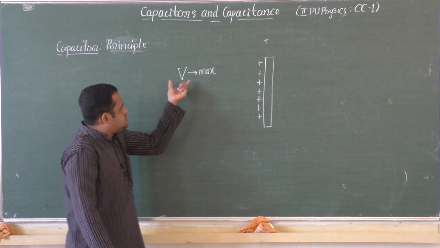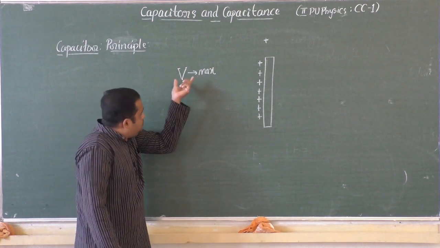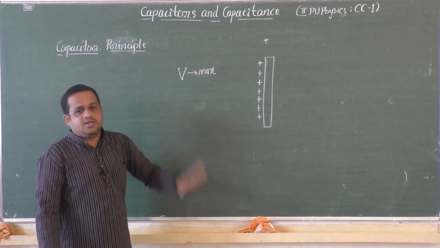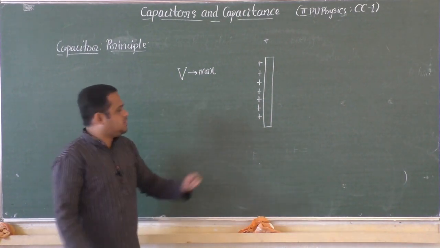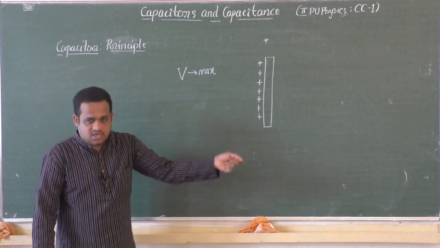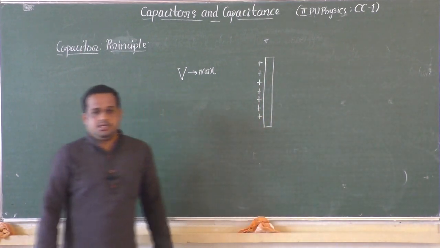So the charging process is possible up to this limit. When the potential on the conductor reaches its maximum value, after that it is not possible to add charge to the conductor. If you try to add further charges to the conductor, those charges will escape into the surrounding medium.